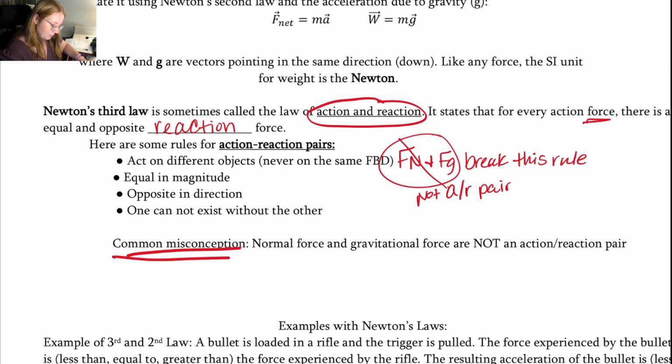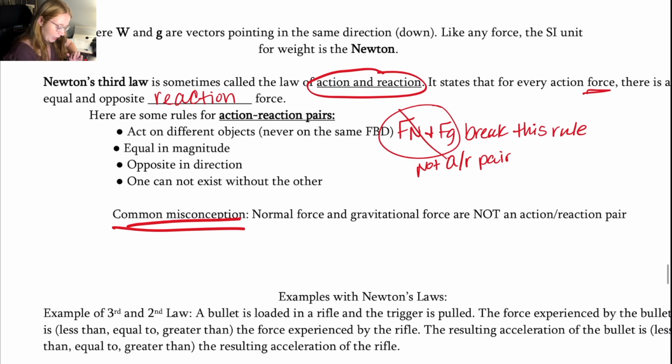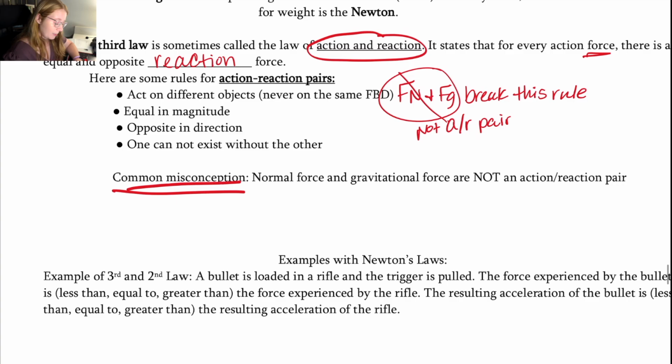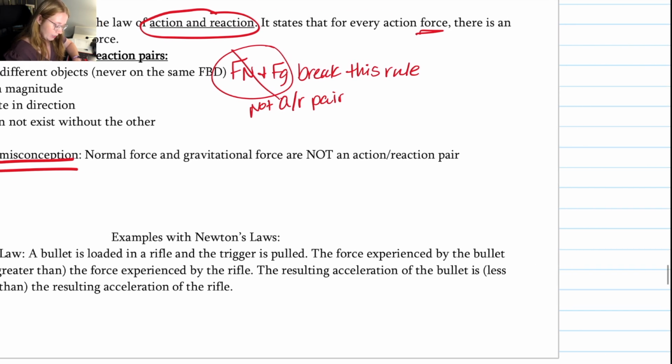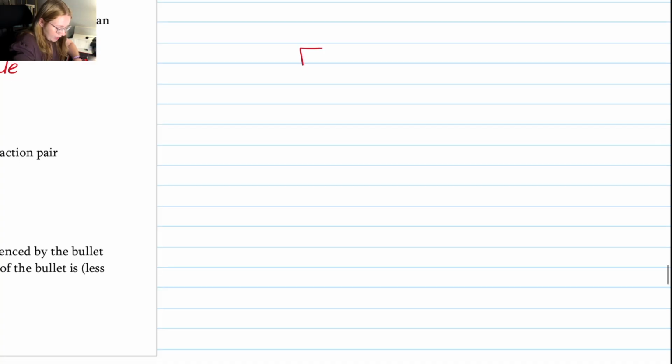That's the most common misconception, that normal force and gravity are an action and a reaction. Gravity is the action, normal force is the reaction, and that's just not true at all. They have to be acting on different objects, and I'll show you what the pairs look like. They have to be equal in magnitude, and they have to be opposite, so if one goes up, the other goes down, and one cannot exist without the other.